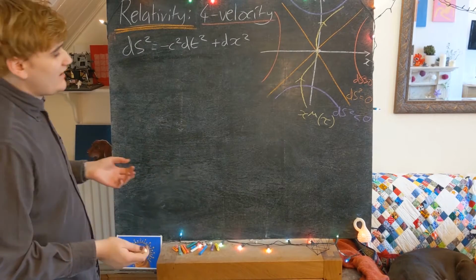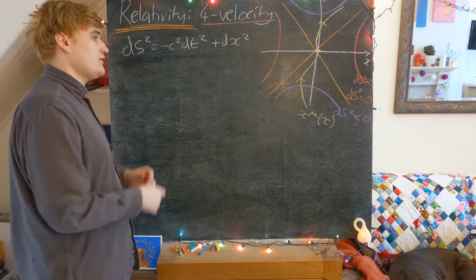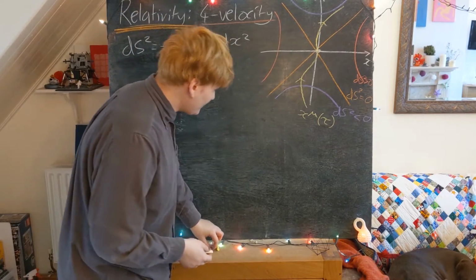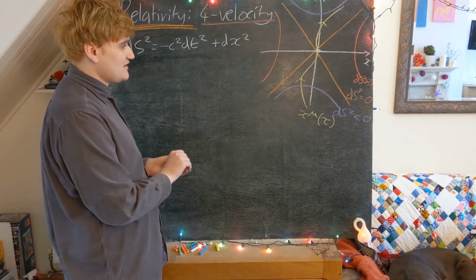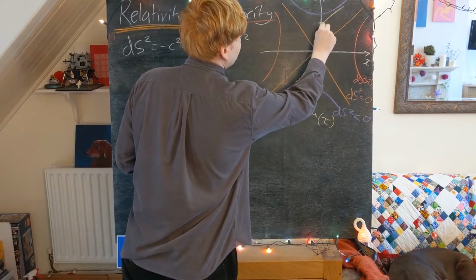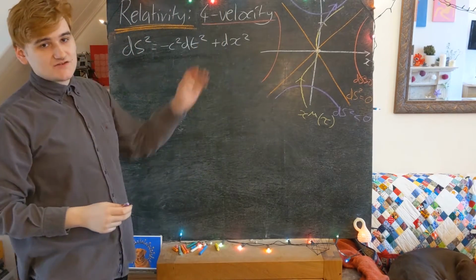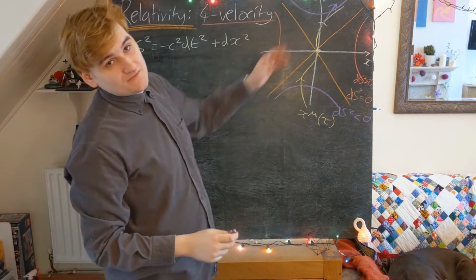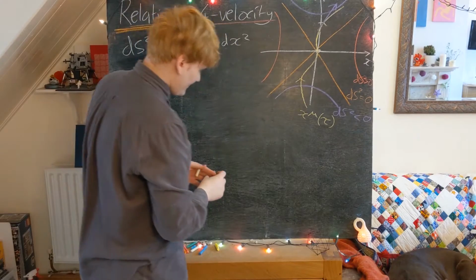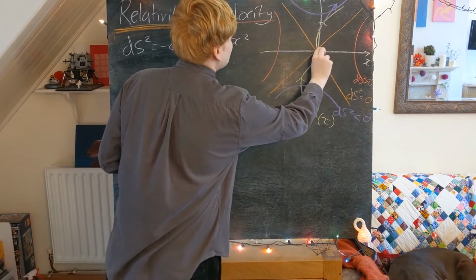I mentioned that we can now consider two notions of velocity. We can consider our familiar notion of velocity that we might have from classical mechanics, which would just be the gradient of this trajectory, or rather the tangent vector to this trajectory. That's what we might call the velocity vector in classical mechanics.